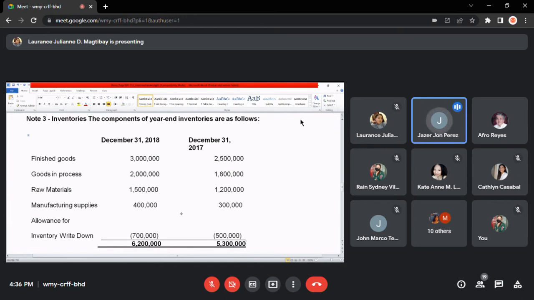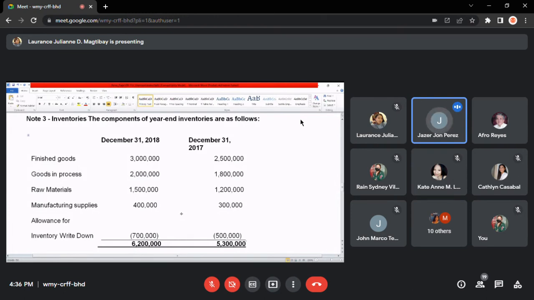And for the column of December 31, 2017, the finished goods amount to 2,500,000, and for the goods in process 1,800,000, raw materials 1,200,000, and for the manufacturing supplies 300,000, and allowance for inventory write-down 500,000.